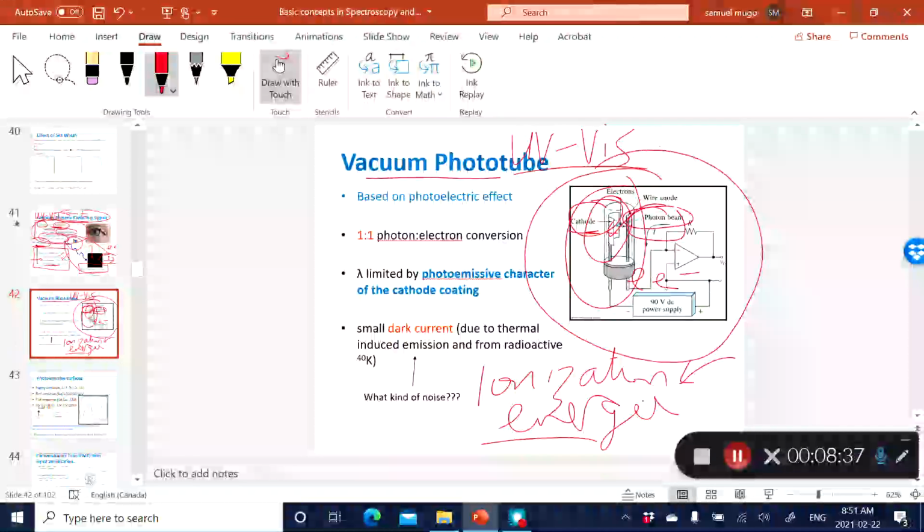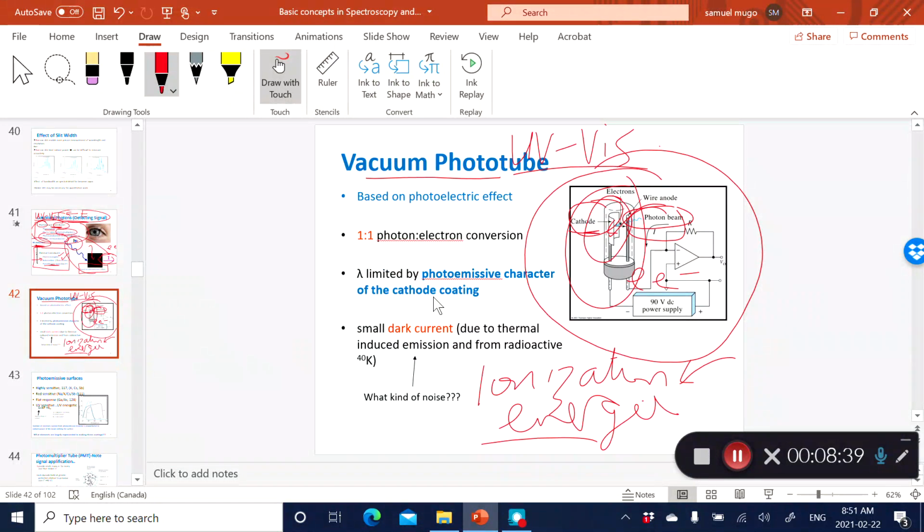Okay? And so that's the basis of what you refer to as the photoelectric effect. Now, these types of materials that have fairly low ionization energy, sometimes we call them photoemissive materials. And I've just explained what type of materials they are.